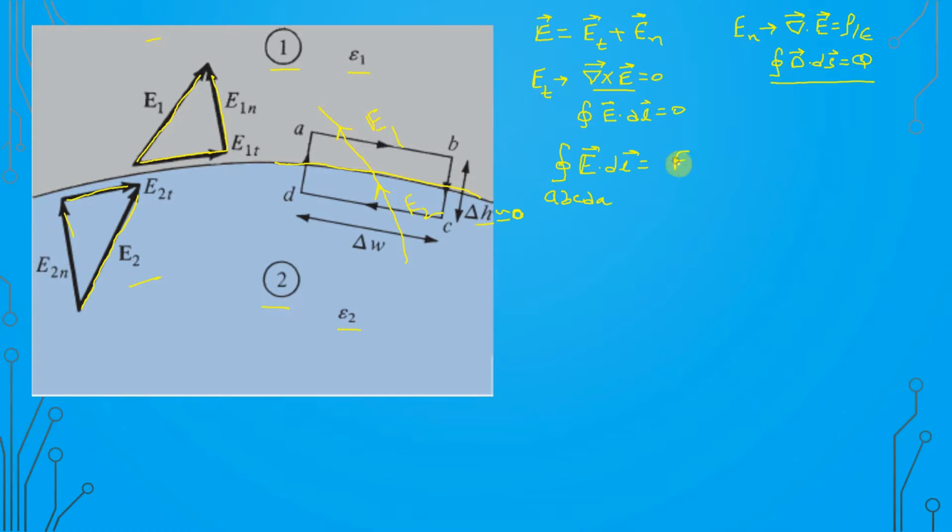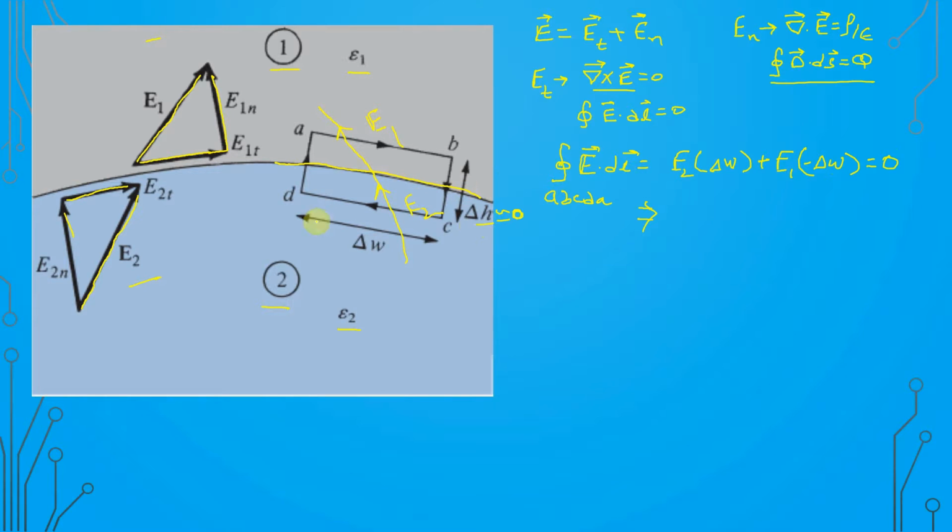So you can write E2, and what is this value? Delta W from C to D. And what is this in the above? That will be E1, and the direction is opposite, so you will write minus delta W. This delta H is 0, so that will be equal to 0 because E dot dl is equal to 0.